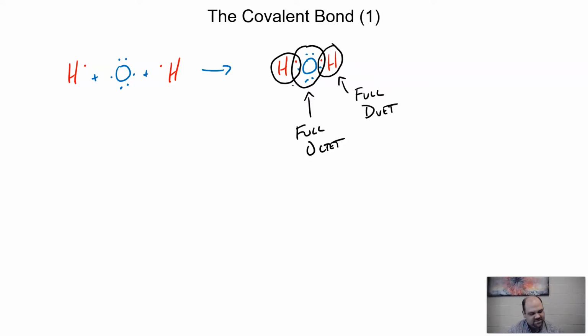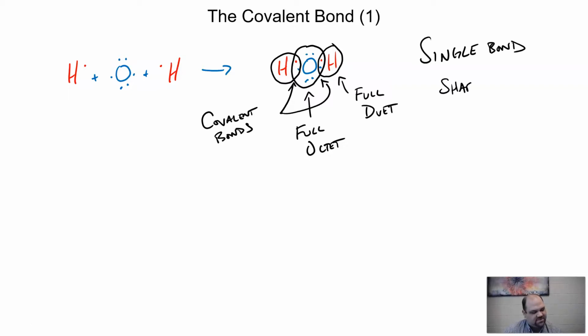Both of these, so this area here, as well as this area here, right? These are covalent bonds. And again, those are single bonds. So a single bond is where we share 2 electrons.